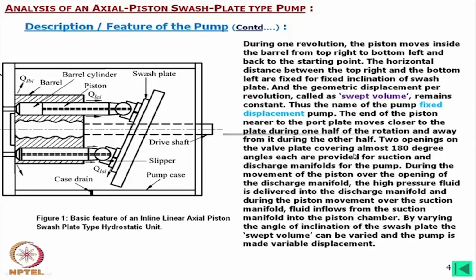The details of the plate will be shown later. During the movement of the piston over the opening of the discharge manifold, the high pressure fluid is delivered into the discharge manifold, and during the piston movement over the suction manifold, fluid inflows from the suction manifold into the piston chamber. By varying the angle of inclination of the swash plate, the swept volume can be varied, and then the pump is called a variable displacement pump.